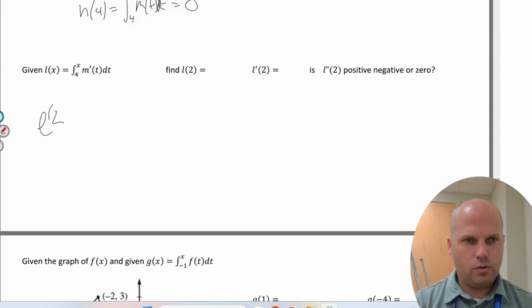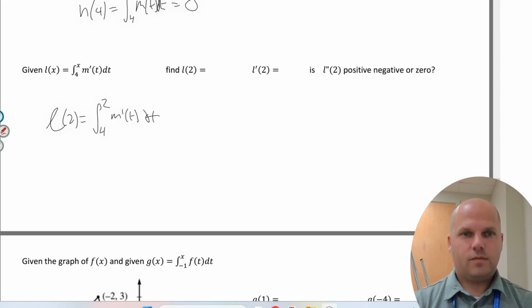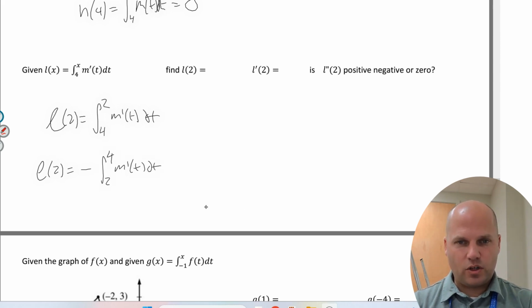Cool. L of 2 equals the accumulation of m prime from 4 to 2. Yeah, throw a real curveball at you here. Because this is the opposite of the accumulation from 2 to 4. Well, if I want to accumulate m prime, I can look at m's values from 2 and 4.